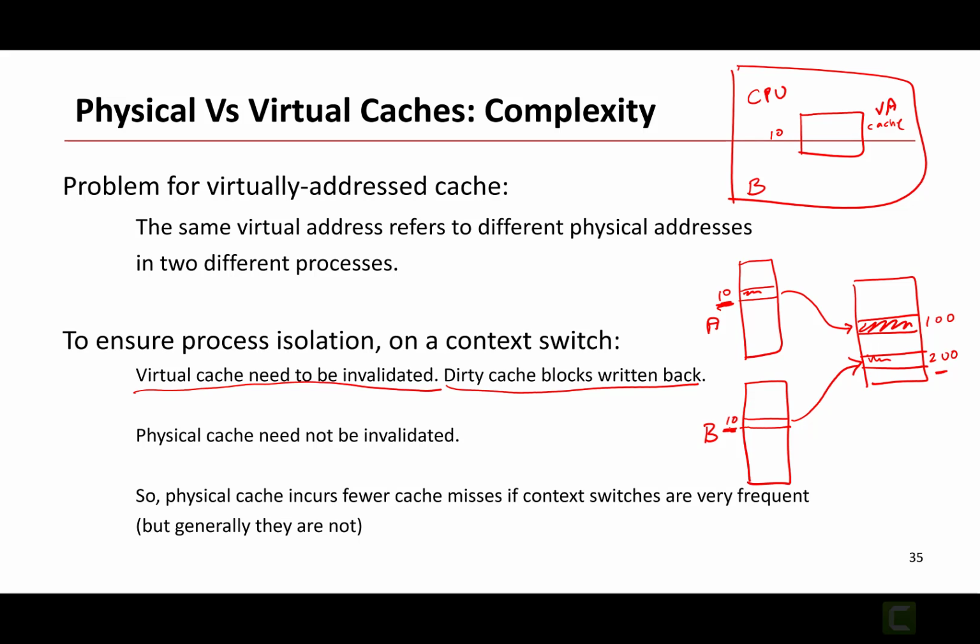And if context switches are more frequent, for example in mobile phones and desktops, when you have a lot of interactive applications, you keep switching between one application and the other, so context switches can be frequent. In that case, you are clearing the cache too often, and that can lead to a poor cache miss rate because you'll have more compulsory misses.